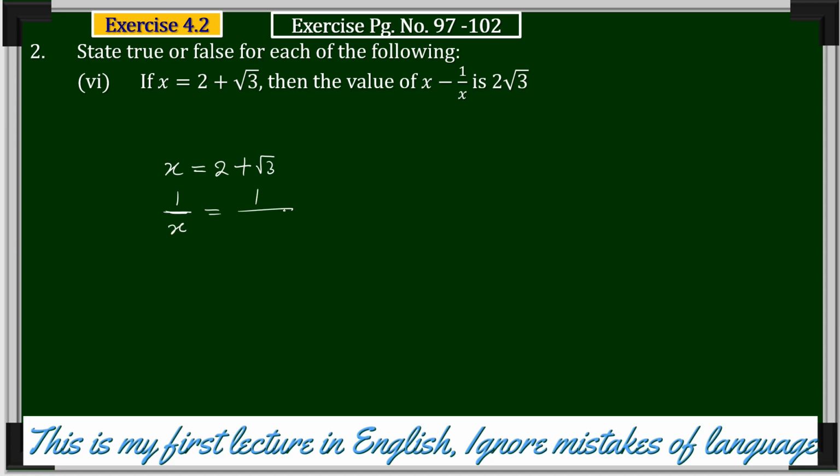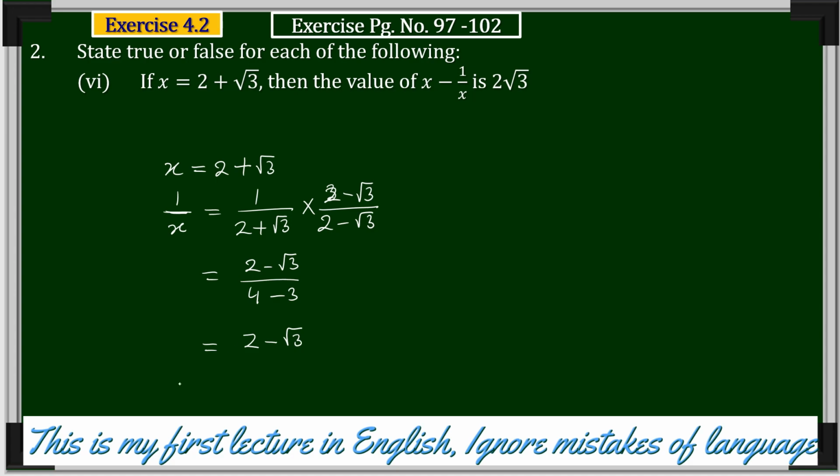So it would be 1 upon 2 plus root 3, and now multiply numerator and denominator by 2 minus root 3. So it is 2 minus root 3 upon square of 2, which is 4, minus square of root 3, which is 3. The difference of 4 and 3 is 1, so you need not write it. So the answer is 2 minus root 3.